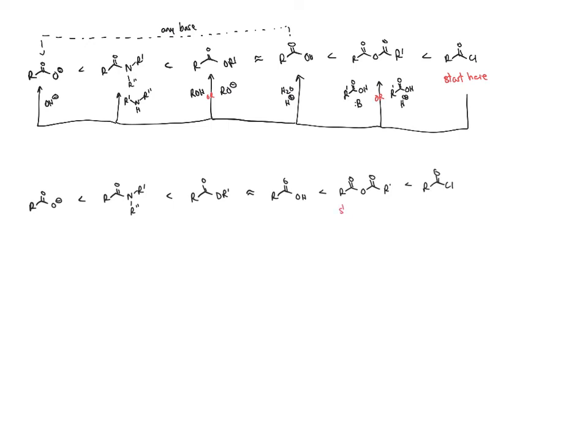This time we're going to start with the anhydride, and we're going to make the carboxylic acid. How do we do that? We're going to take an acid source and water. Again, you can't take hydroxide because that'll just give you the carboxylate.